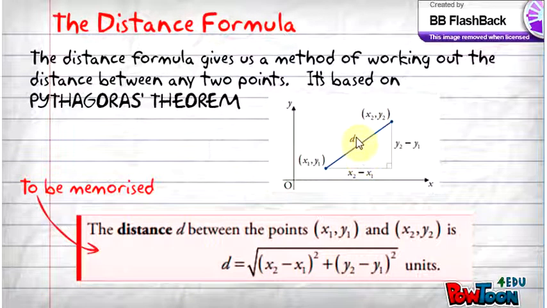So it's just d squared equals this side squared plus this side squared, Pythagoras.